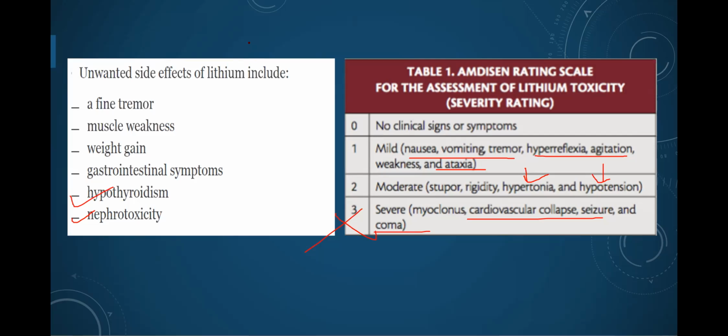If lithium toxicity is causing severe features like cardiovascular collapse, renal failure, coma, or seizure, those patients need dialysis. Or if the lithium level is more than 4, again dialysis. Remember that, please.